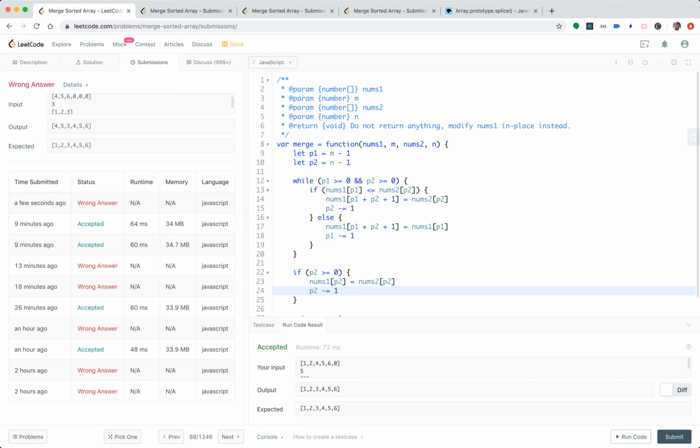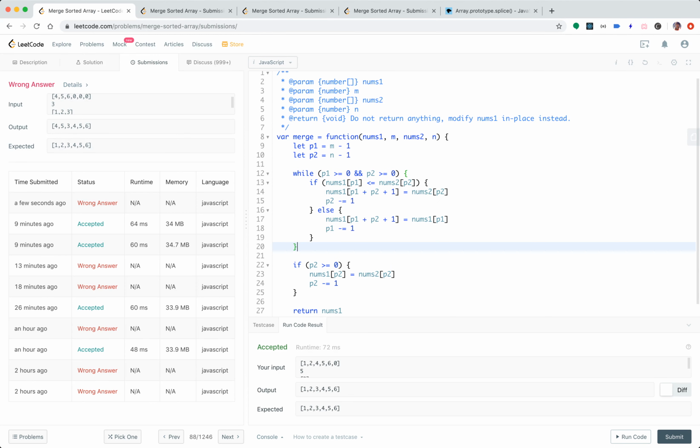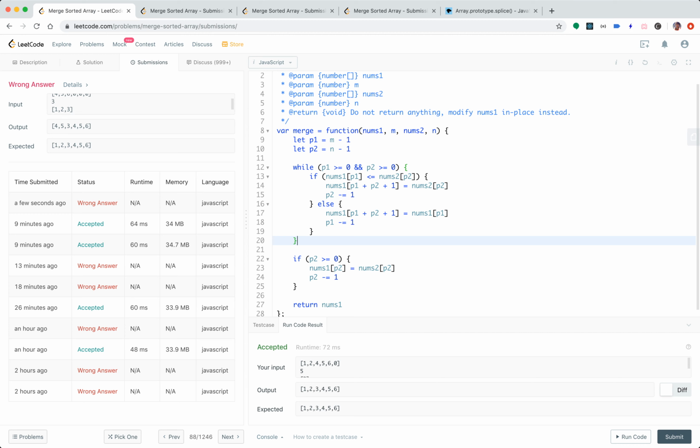Okay, we got this right, but nums1, p2 is, we got 4, 5, 6 right, and p2 is bigger than 0, so we say nums1 p2 equals nums2 p2, minus 1.